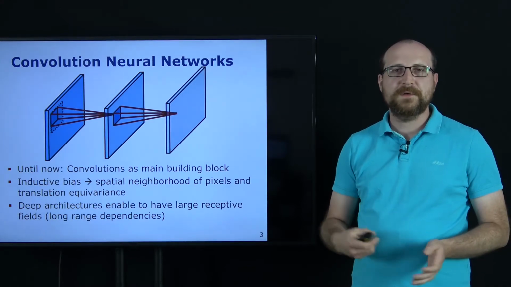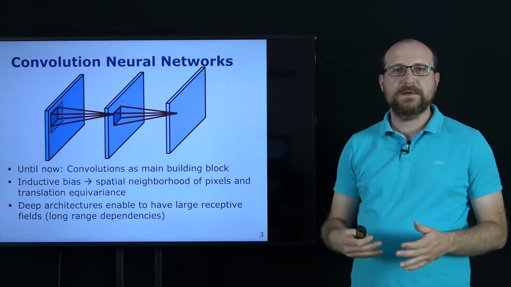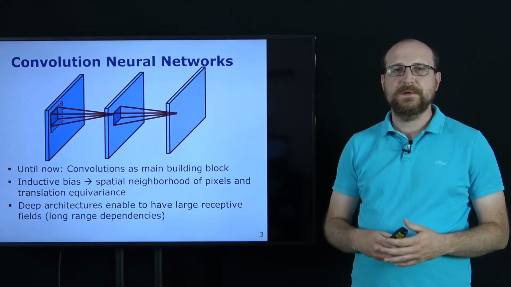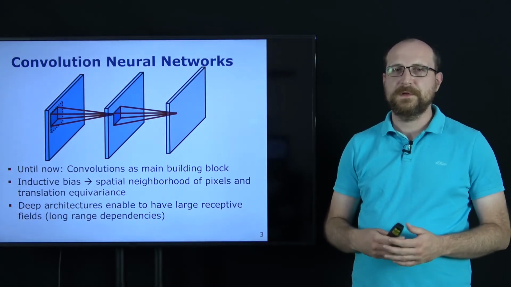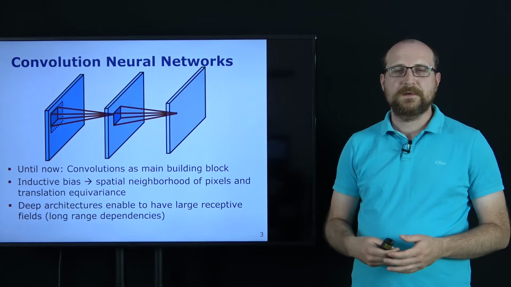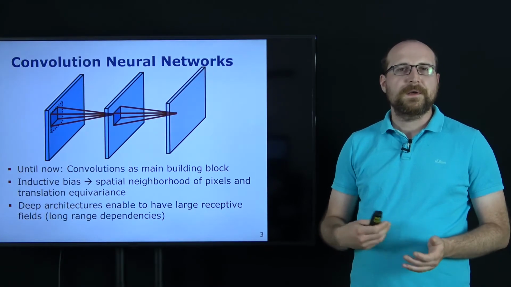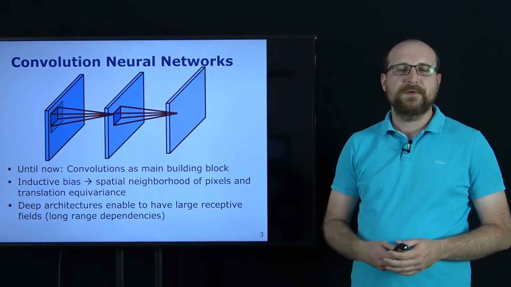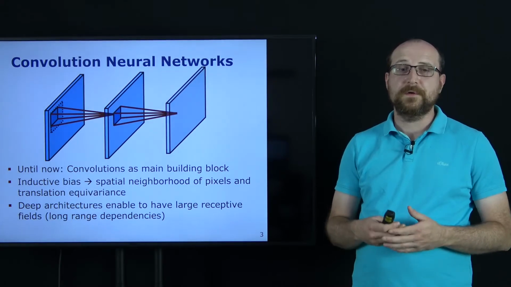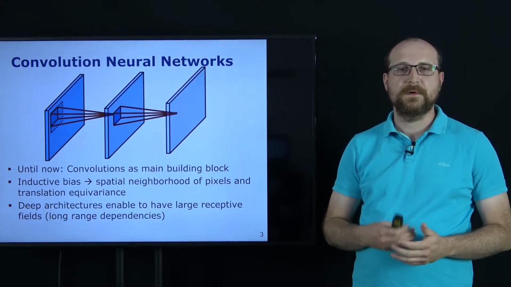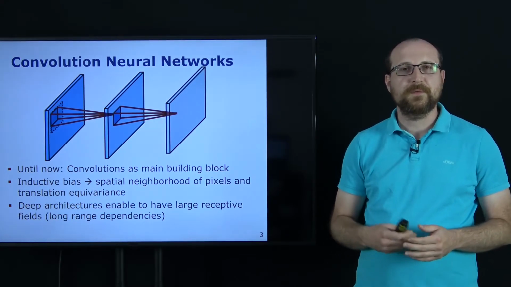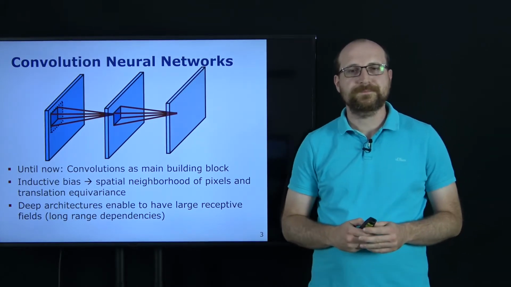And by using this idea of an increasing receptive field with pooling operations in between, as we discussed in the architecture lectures, we can get very powerful feature representations over the whole image, and also encode these long-range dependencies between different pixels in the image.